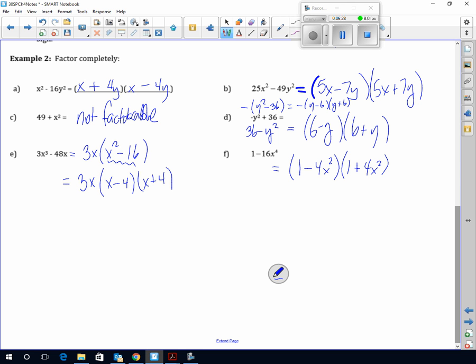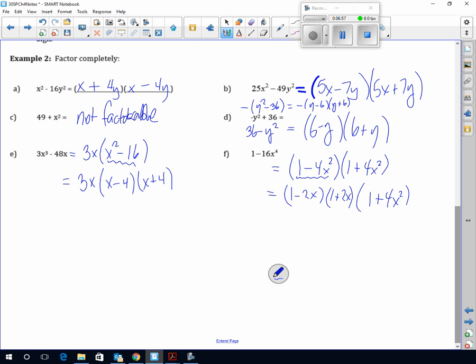Okay, so what can that first factor be factored into? 1 minus 2x, 1 plus 2x. Yeah? So sometimes you factor once and you might have to look to factor again and again, right? Especially difference of squares, sometimes that ends up being another difference of squares. But you should always be checking to see if there's a GCF you can take out first.